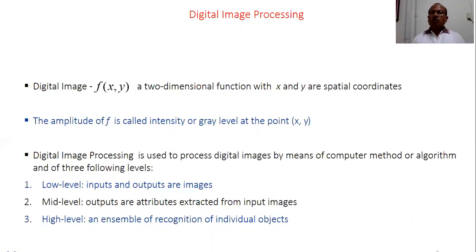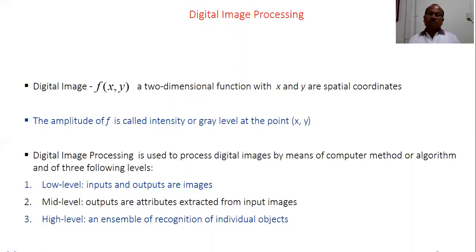We want to improve the quality of the image. We want to crop a certain area. We want to get some meaningful information from the images. We want to select a certain area of interest, maybe in medical diagnosis images. We are interested to extract the tumor region.